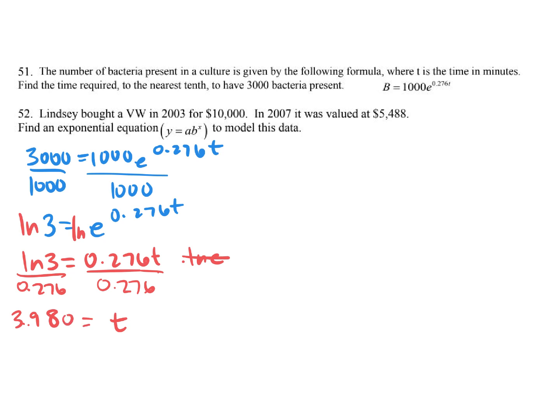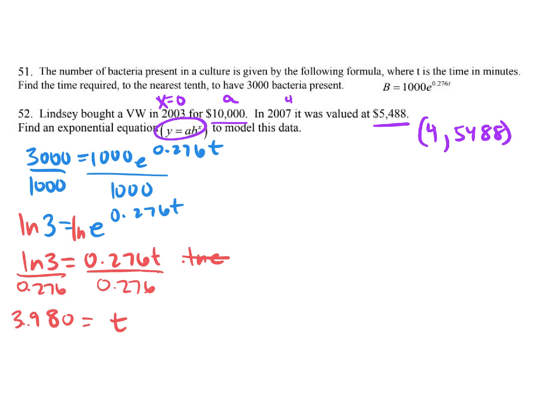Okay, 52. It says this person, Lindsay, bought a VW in 2003, so x is equal to 0. This is the starting point for 10,000, so that's our A value. In 2007, so that is 4 years later, the value was 5,488, so x is equal to 4 and y is equal to 5,488.